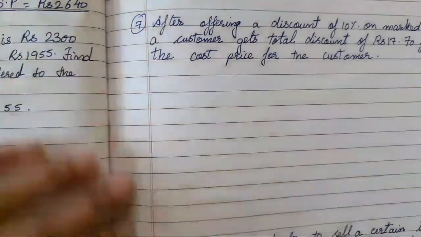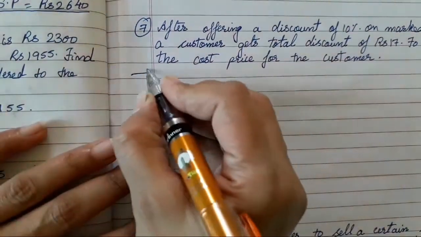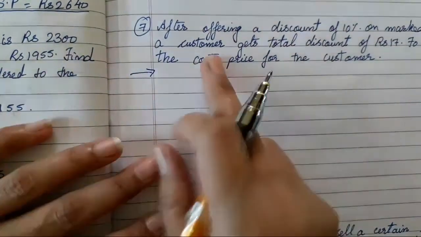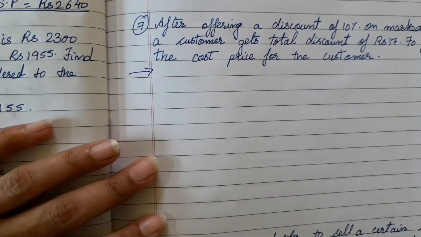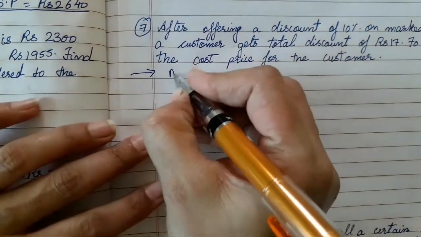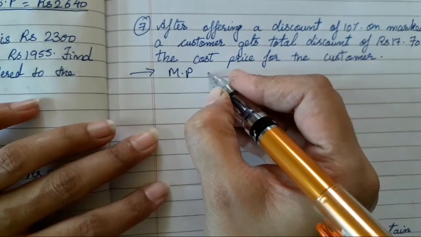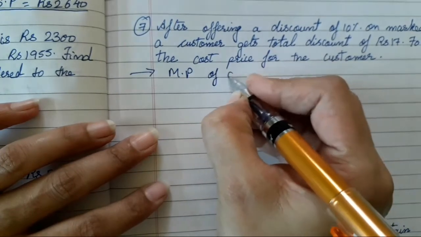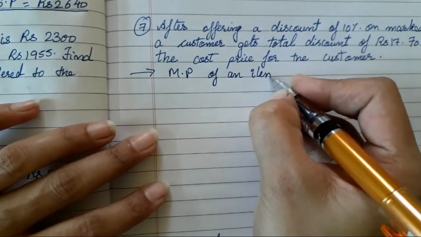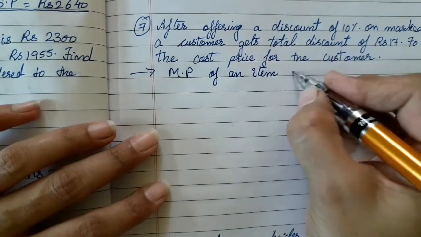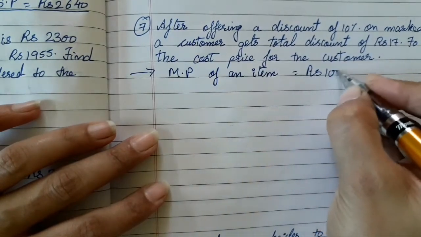So I have not made the boxes over here. You all can understand it. Now what they have given is, first we have to write this, that suppose the marked price of an item. Okay, they have not given any item name, so we will write item rupees 100.